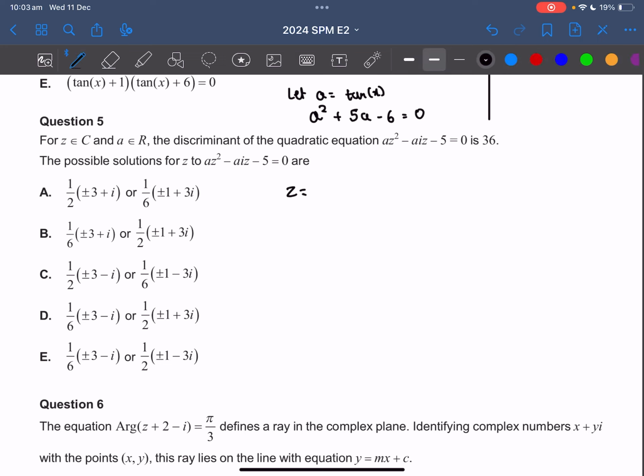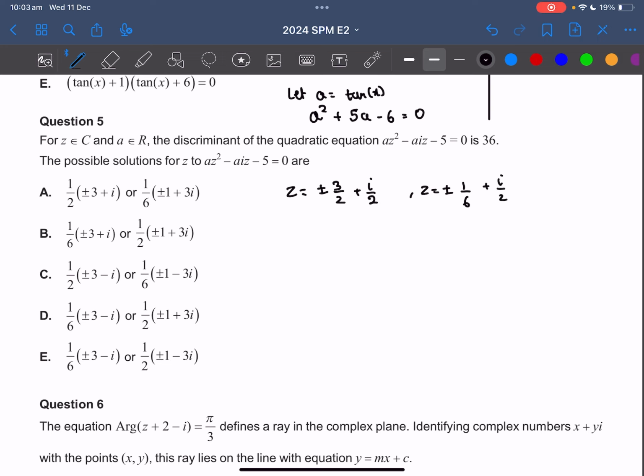So it is plus or minus 3 on 2 plus i on 2. Okay, that is our first set of solutions. And then the second set is equal to plus or minus 1 on 6 plus i on 2.